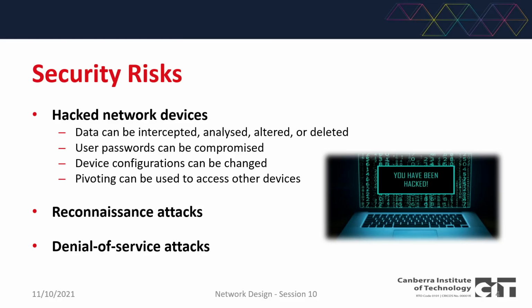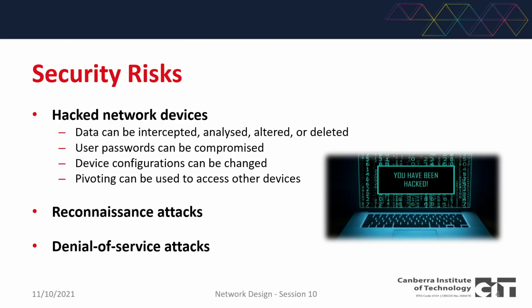They can be used to analyze data. They can be used to alter data or even delete data. So they're high risk. No one wants to have any of the computers in a company hacked, because one computer, it doesn't matter which computer it is, could be a vector for attacks to all other company computers, servers, and resources.